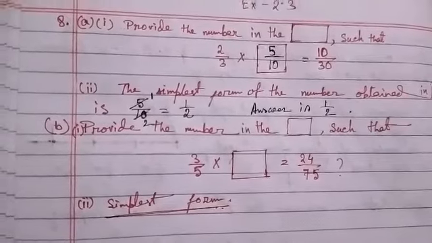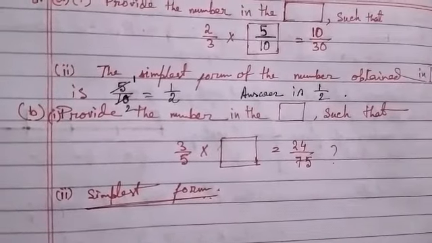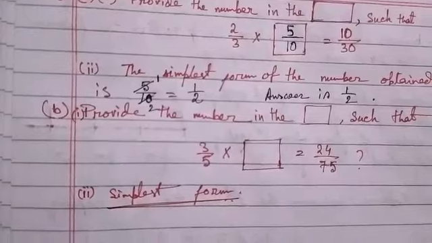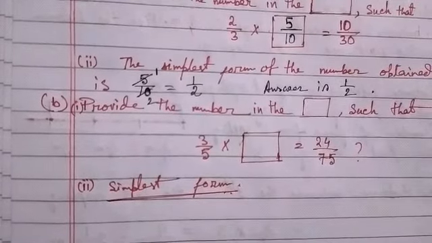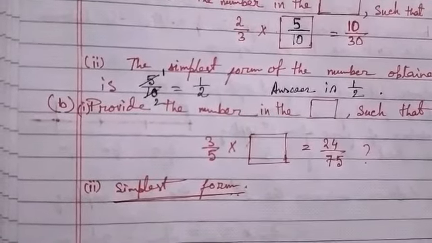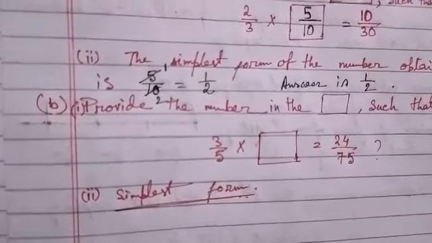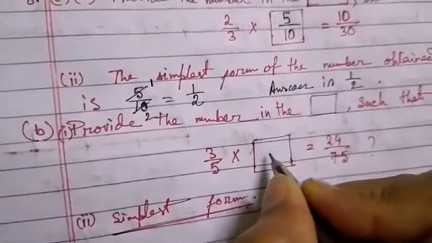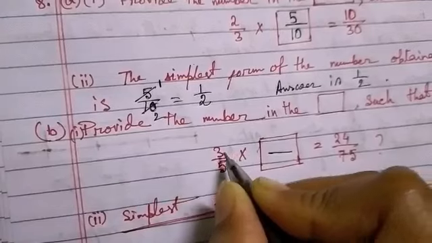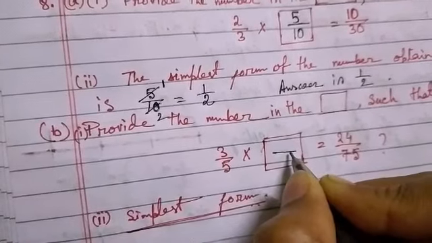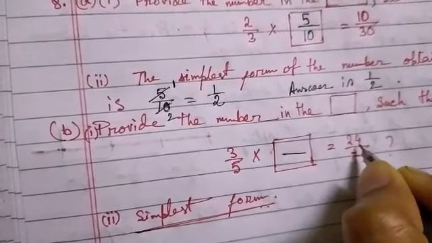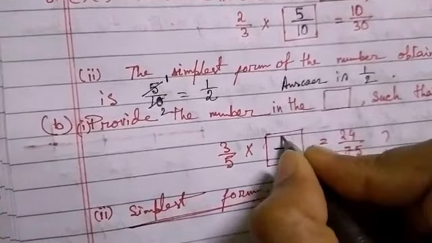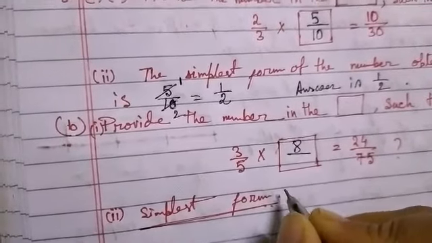Now part B. Provide the number in the box such that 3 by 5 into box equals 24 by 75. Same process. 3 multiplied by which, then 24 will come. 3 8s are 24. So it will be 8.